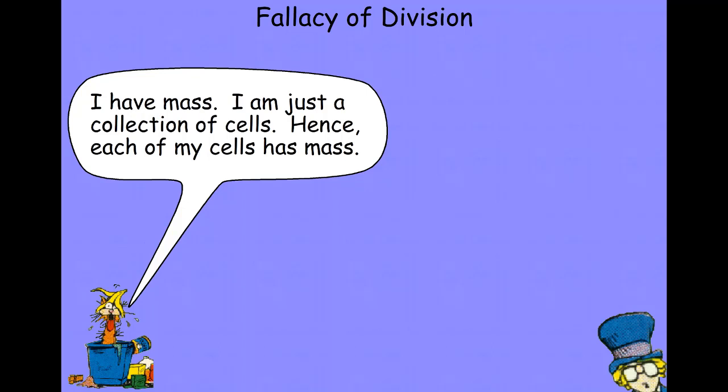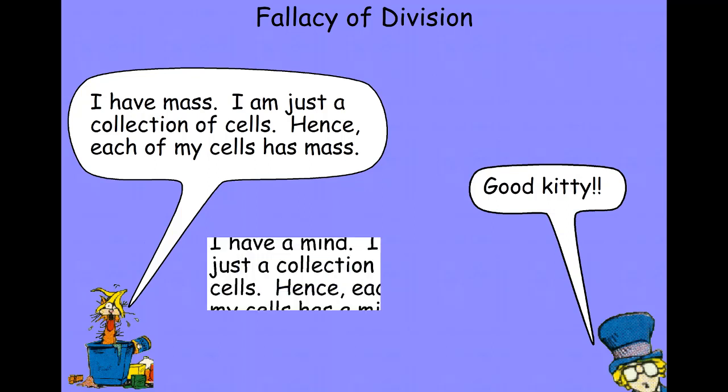Here's a property that I have as a whole, therefore each of my individual parts must have that property as well. Now, this particular case, perfectly good inference. That transference isn't illicit. Anything that has mass is composed of things that also have mass. Mass does transfer. So you might say, oh, good kitty.